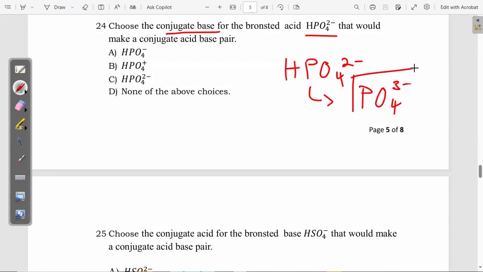So this is the conjugate base for this Bronsted acid. But when I come to my options, I do not see it, so I'm going to choose none of the above there.